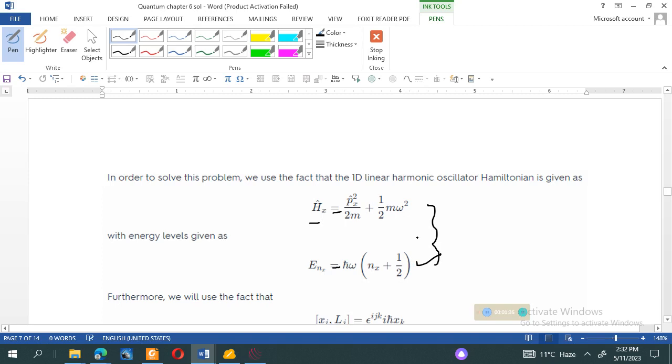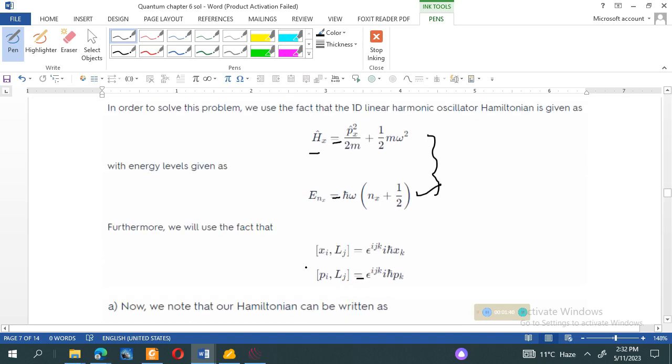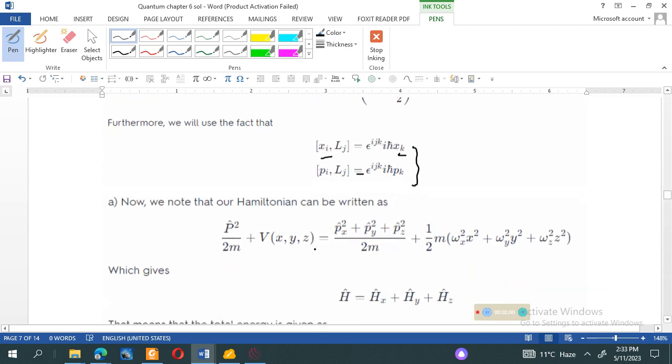Now we have an isotropic three-dimensional harmonic oscillator, and we will use some familiar identities, like the commutator of xi and Lj, which is equal to the Levi-Civita symbol times i h cut times xk, and similarly for pi and Lj. These are the identities that we will use while evaluating the commutators of the Hamiltonian with other operators.